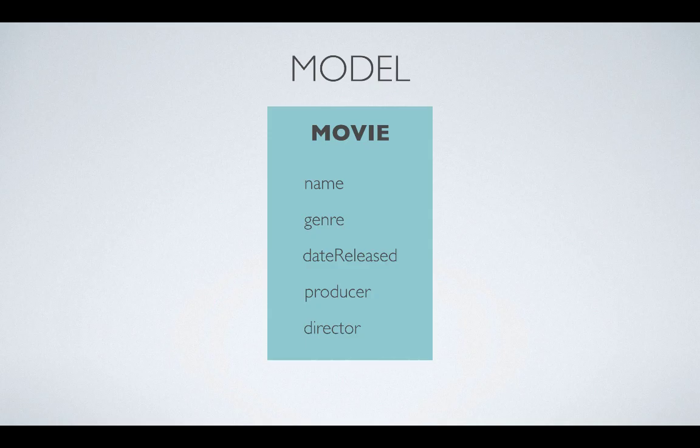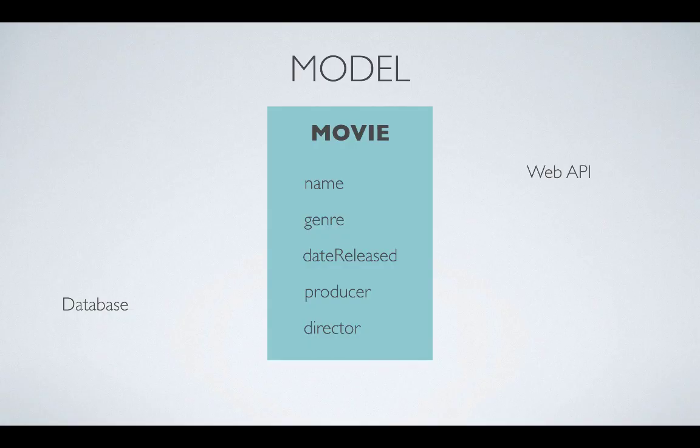Now, obviously, a model can have other information like a list of actors, the total budget of the movie, and so on. You can get the model using web APIs, or if you have persisted that information in database records, you can get those things from the database and convert them to a model or populate the model.